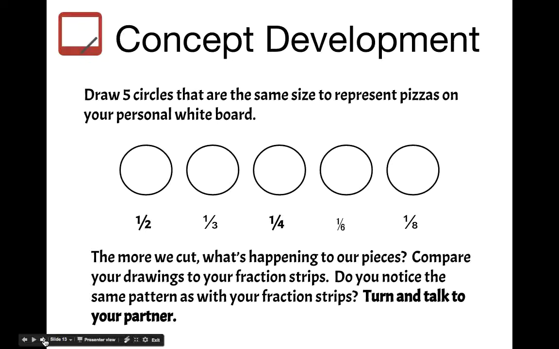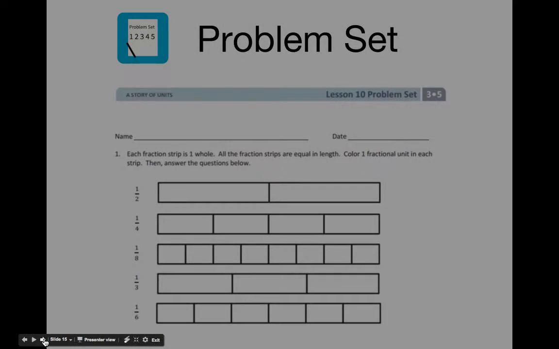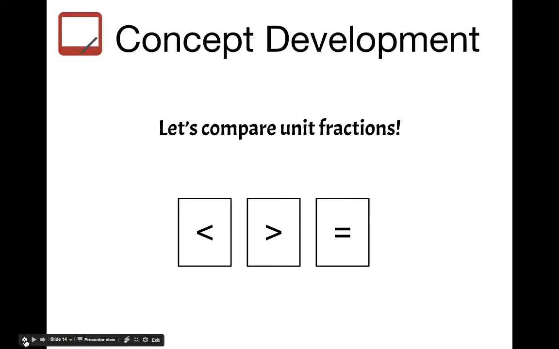Let's compare unit fractions. For each turn, you and your partner will choose any single fraction strip. Choose now. Now compare unit fractions by folding to show only the fraction unit.